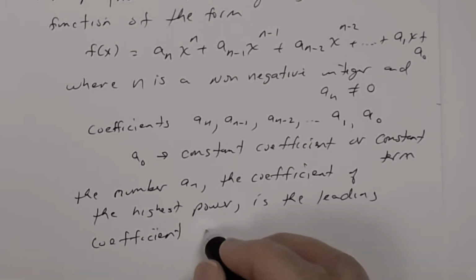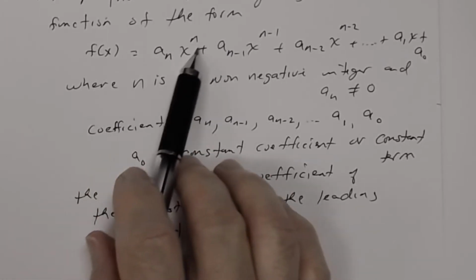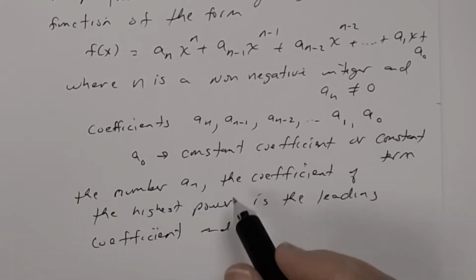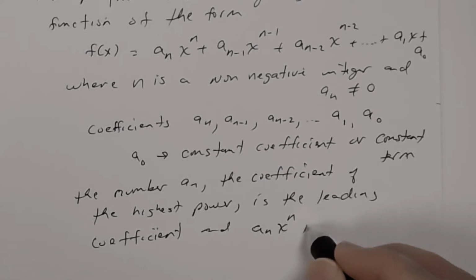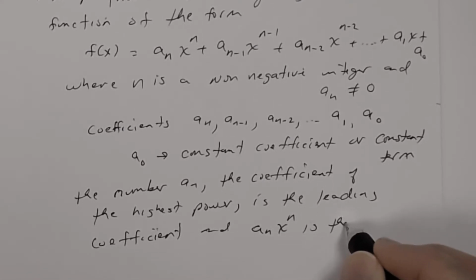And the term right here, a sub n x to the n, is called the leading term.